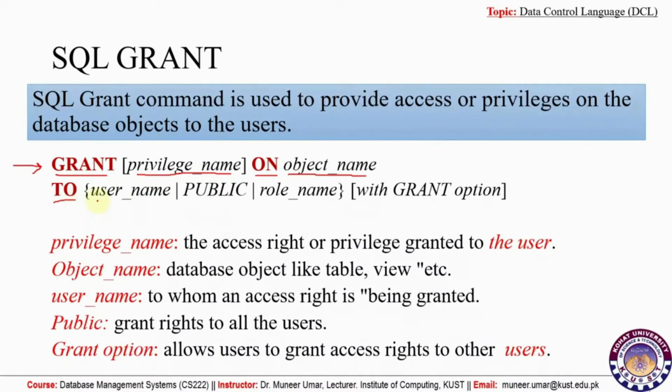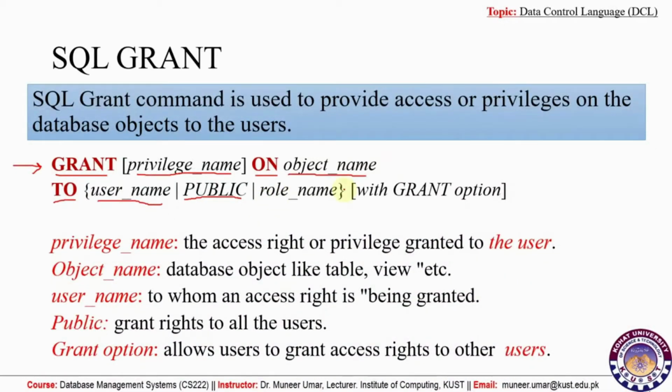After that we must mention the user. For that we must type to and then the username. It can be a particular user, or it can be public. By public we mean all the users. So if we type public, it will be applied on all the users. And we can even specify a role here. About role, we have some slides, I will let you know what role means in this topic.